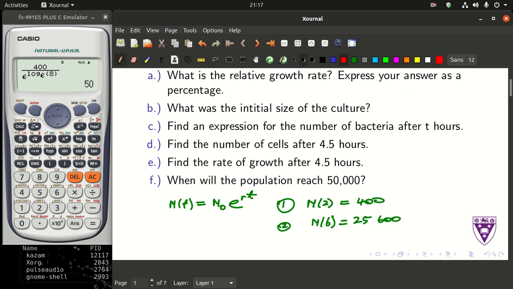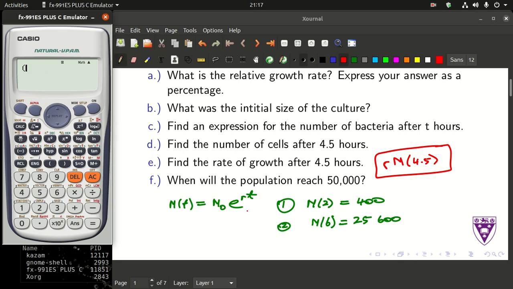Now, when it comes to finding the growth rate, first you want to find out what n of 4.5 is, and once you have found it, you're just going to multiply this by r. That is what they are looking for. So in this case, you want your r.